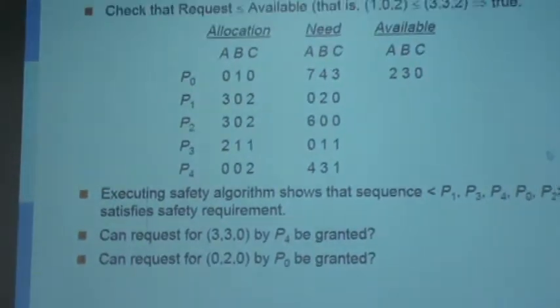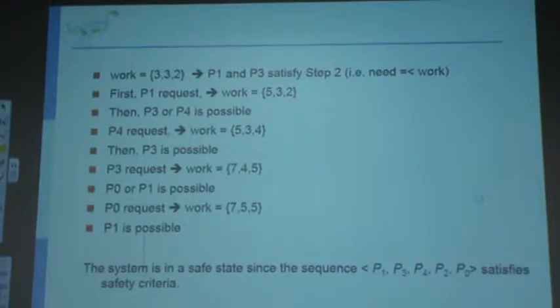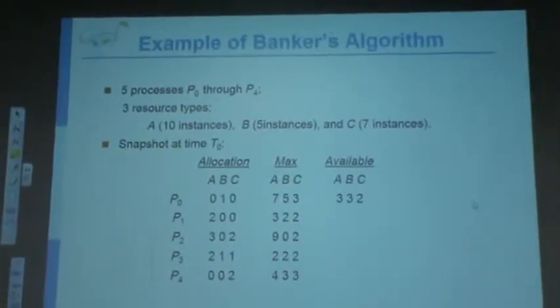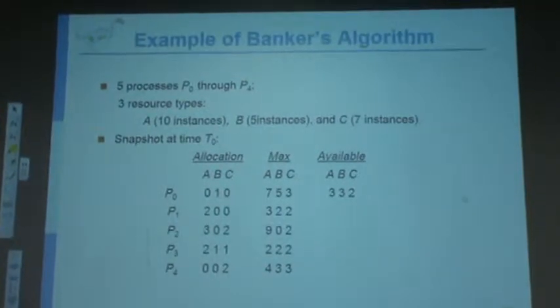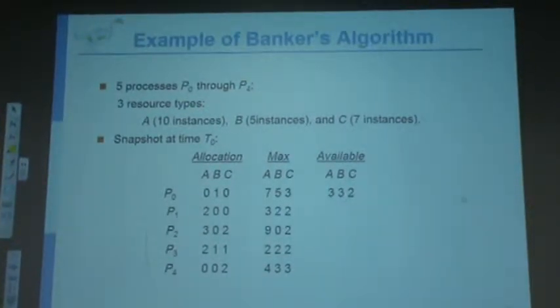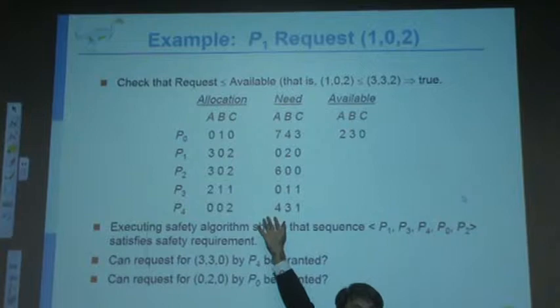In the first case, P1 requests 1, 0, 2. So 3 or 2, to the maximum? No, at that time it increases the allocation. Okay? So the question is, they are requesting the need, right?